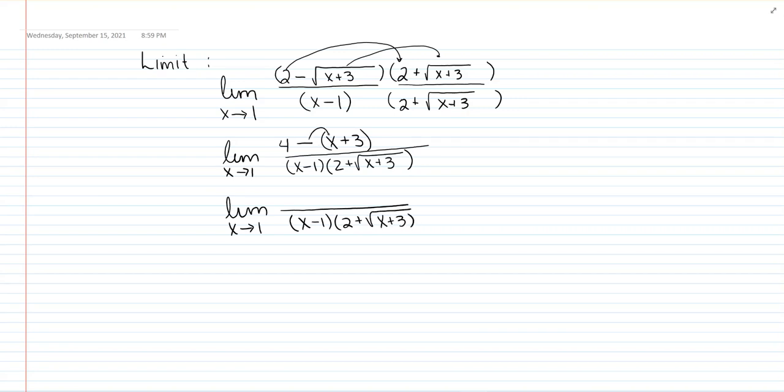All right, so if I distribute the negative, I'm going to have 4 minus x minus 3. So that's the limit as x approaches 1 of a negative x plus 1 over x minus 1, and then that funky radical thing.